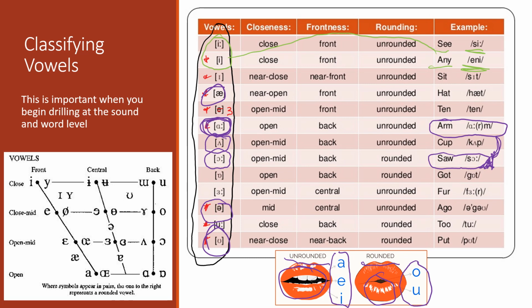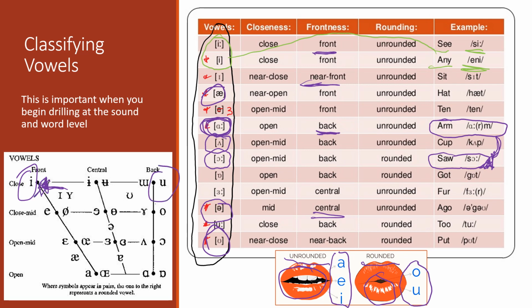The other thing I want to point out is the frontness and then back. You have a near front, central. These are where these vowels are produced in your mouth. And on the next slide, or I think the following slide, and even on the previous slide, you would have noticed that there are certain sounds like this E that are produced a little bit further forward in your mouth.